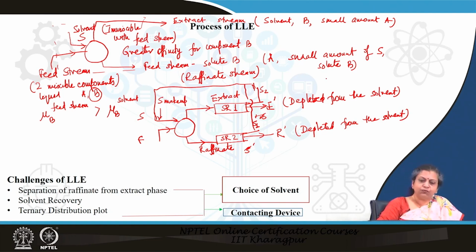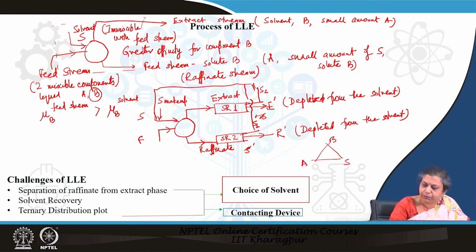Therefore, what do we do for representing the equilibrium? If you recollect correctly, we use a ternary plot, right. I will be going into the details of this particular ternary plot, where the apices refer to completely pure A, completely pure B and completely pure C, pure solvent S, and each particular arm represents a binary mixture.